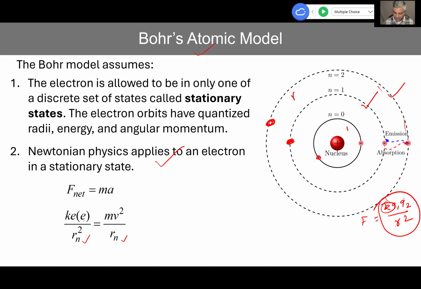Okay, so now it looks like there is Rn here and Rn squared, so we can cancel that. And this is k times e squared. Remember, the value of the positive charge is e, and the value of the negative charge is also e.